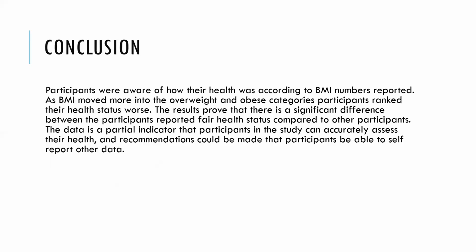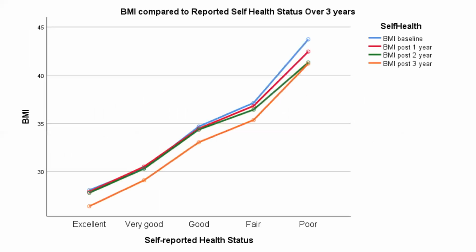The results state there is a significant difference between the participants' reported fair health status compared to other participants, basically stating that the fair category of health status showed large significance compared to other categories. And again, if you go back, you can see where fair jumps off and is much higher than all the rest of them.